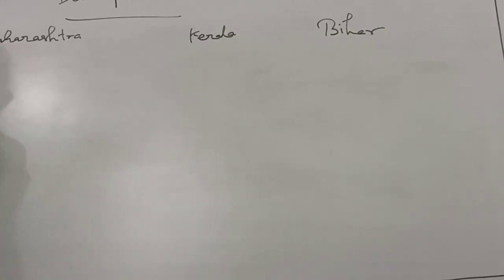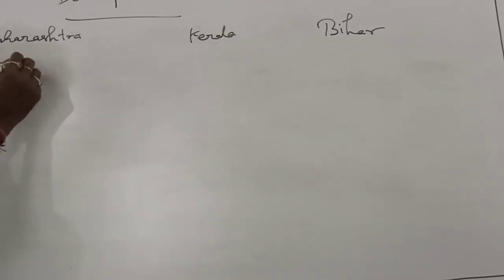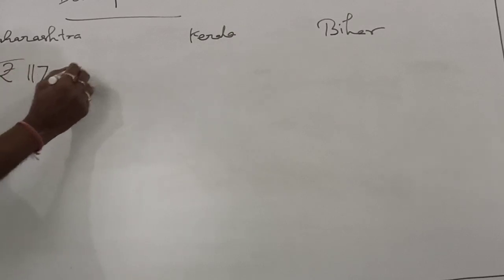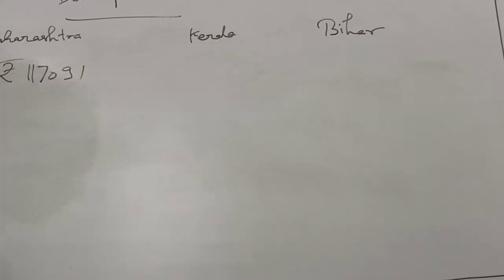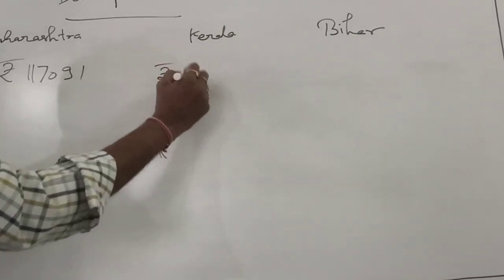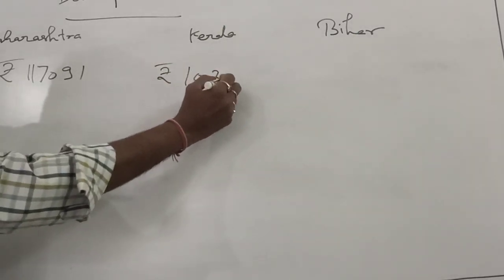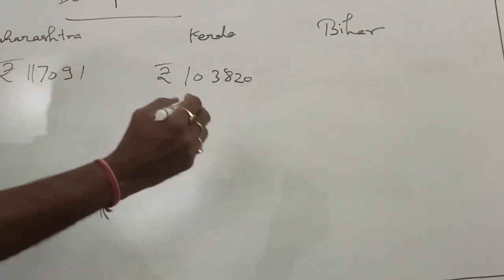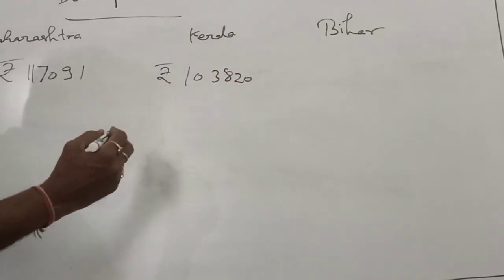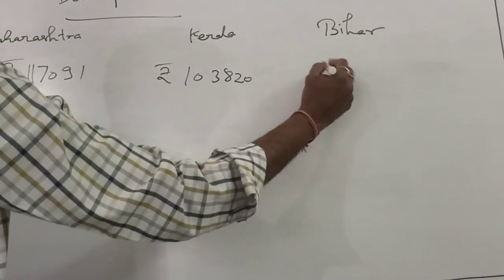First is per capita income. Per capita income in Maharashtra is 1,17,091 rupees. In Kerala, it is 1,03,820 rupees, and in Bihar it is approximately 31,200.